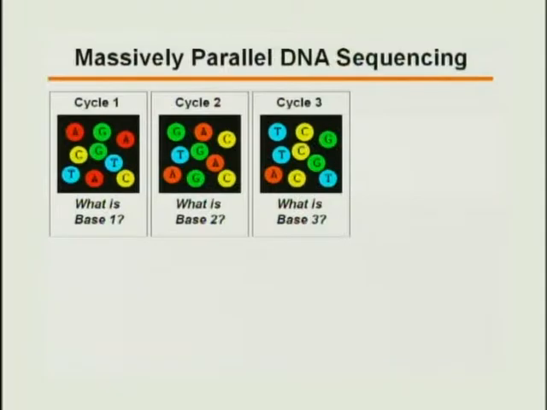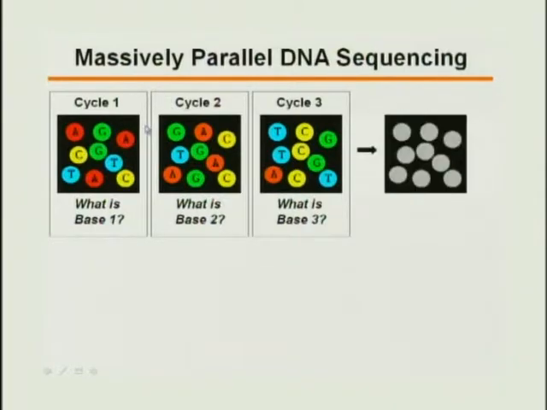And essentially, by observing this array over the course of several cycles and looking at the behavior of each feature, one can construct continuous sequences that correspond to the sequence of that particular feature. So in practice, here on this mock example, I'm only showing a handful of features on the array.